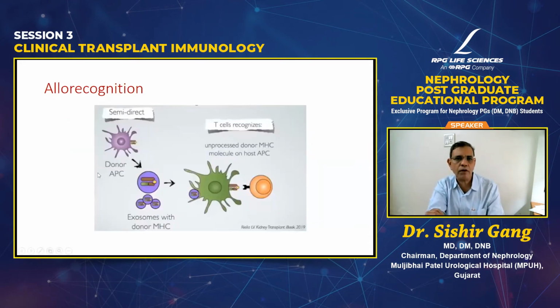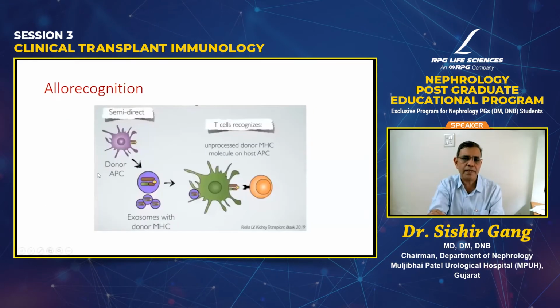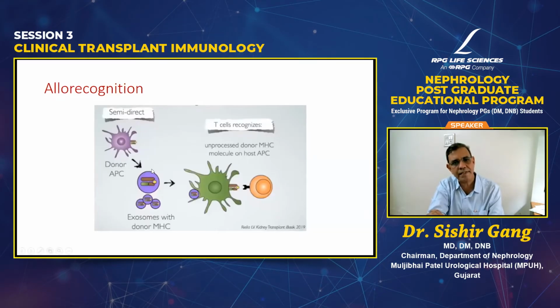There is an increasing recognition that there is another mechanism, also known as semi-direct. In semi-direct, the donor antigen presenting cell sheds its HLA molecules along with the antigens. These are in the form of exosomes. Exosomes are actually tiny membrane-bound vesicles. These membrane vesicles are then taken up by the recipient antigen presenting cells.